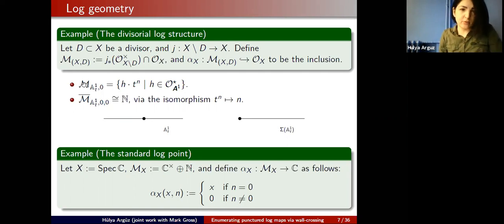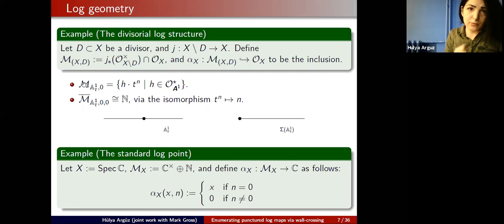Another example of a log structure is a log structure on a point, a standard log point. You can consider the point Spec C, and define the sheaf of monoids C star direct sum N, and define a map from M_X to your structure sheaf C by mapping a pair (x, n) to x if n is 0 and 0 if n is not 0. And this will appear often because this is a natural log structure that comes from the log structure of A^1, and there is a natural way to pull back log structures whenever you have a subscheme.